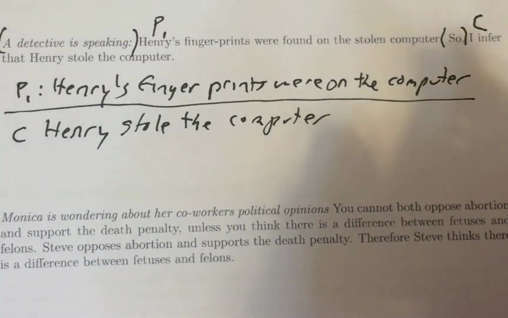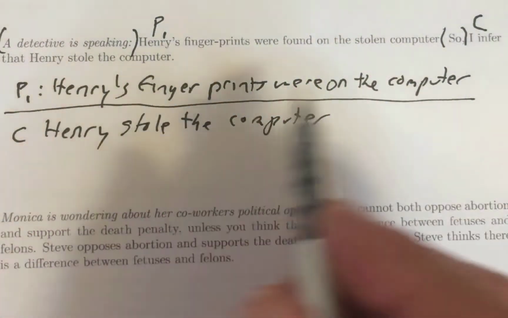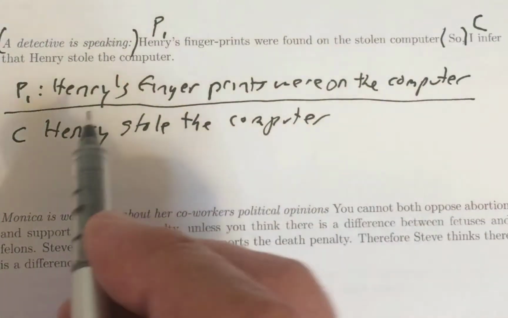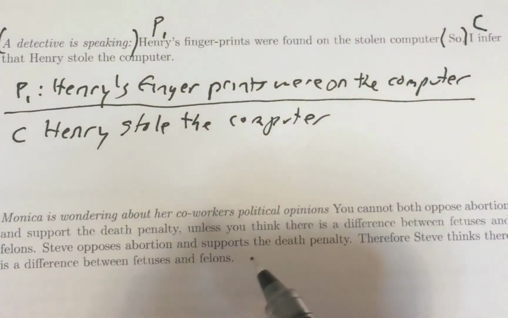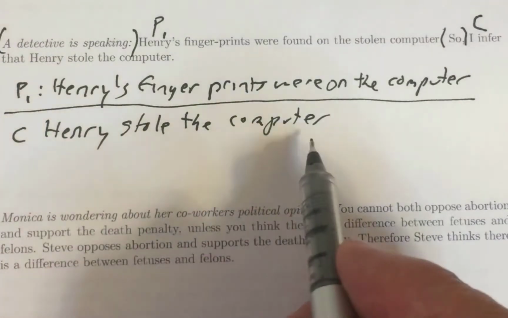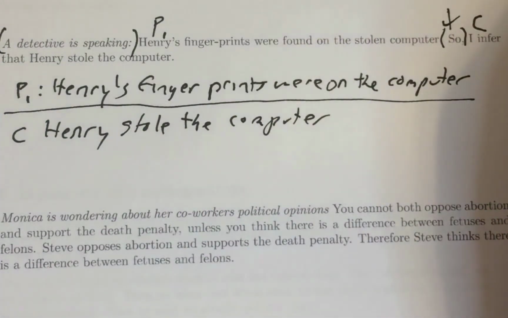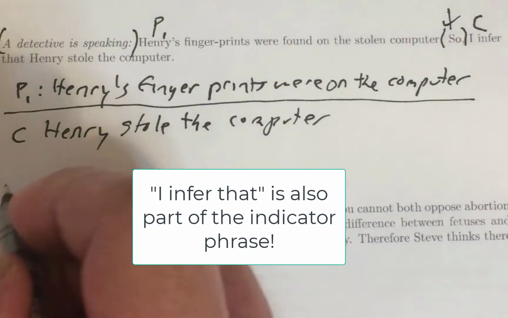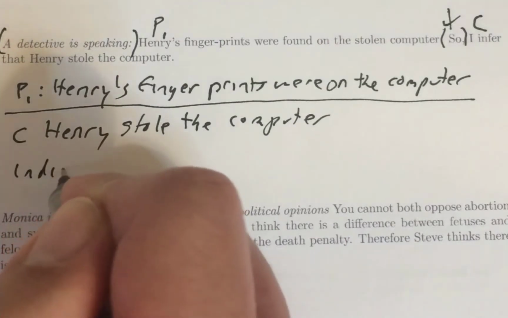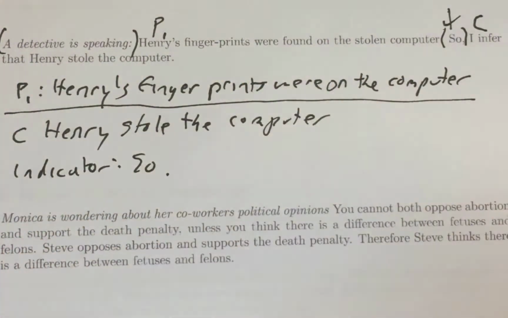You can do that too. The important thing is that I kept this as a complete statement and kept its basic meaning intact. So that's one thing that you have to do. And then for the conclusion, I wrote Henry stole the computer, and I left out this indicator word so. That is not part of the standard form for the argument. You write it down here below. Indicator so. All right.